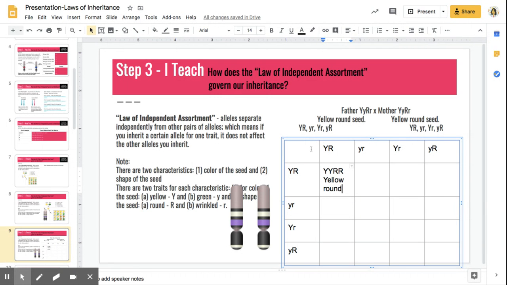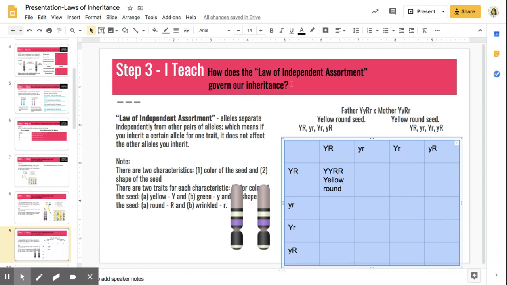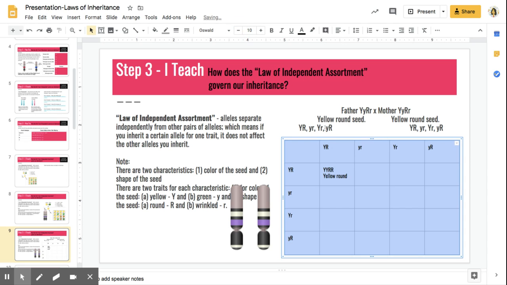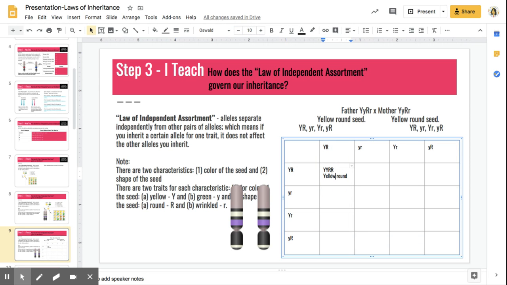Okay. We're going to make it all small so everything can fit. All right. Okay, next would be we have now recessive and dominant for color.